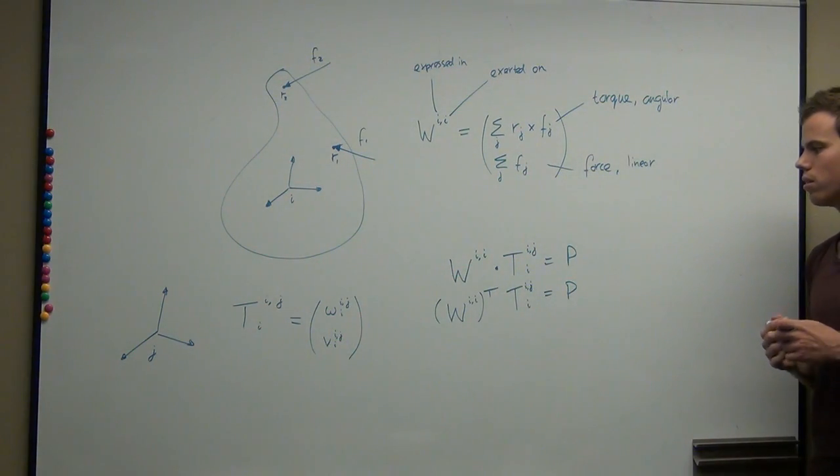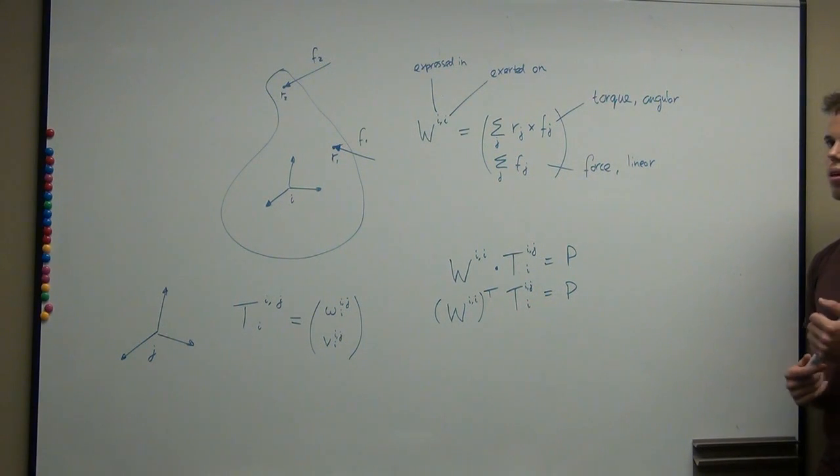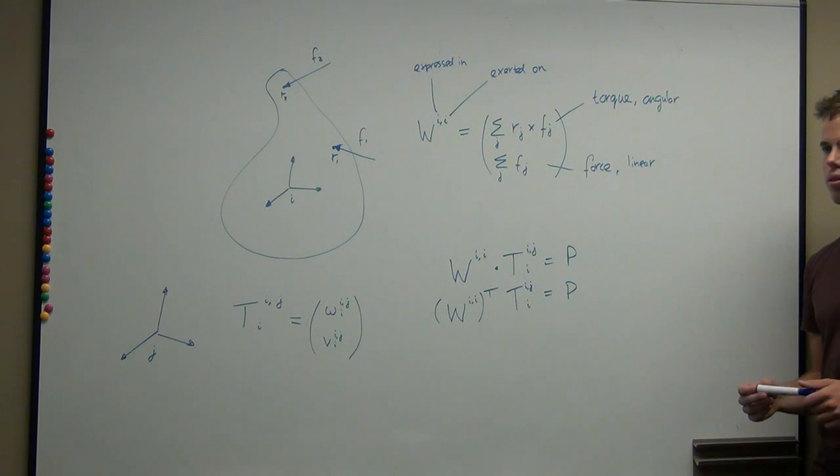Alright, so that's nice. Now we had a couple of nice properties of twists, like you could do the addition and all that kind of stuff. So addition sort of works the same for wrenches.